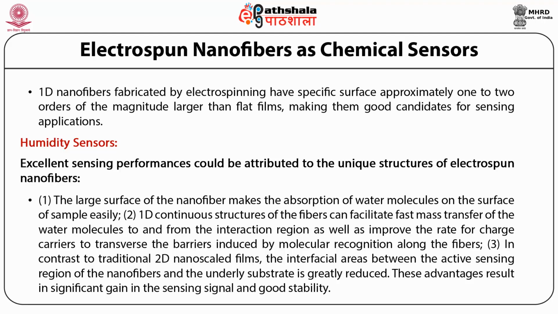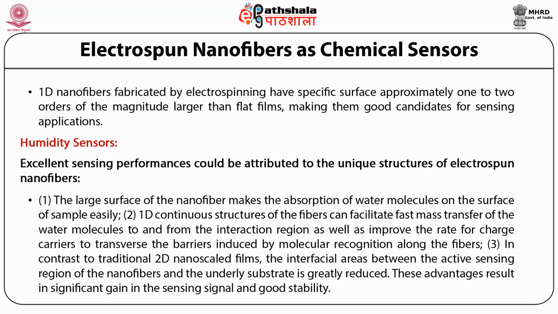One-dimensional continuous structures of the fiber can facilitate fast mass transfer of the water molecule to and from the interaction region, as well as improve the rate for charge carriers to traverse the barrier induced by molecular recognition along the fiber.